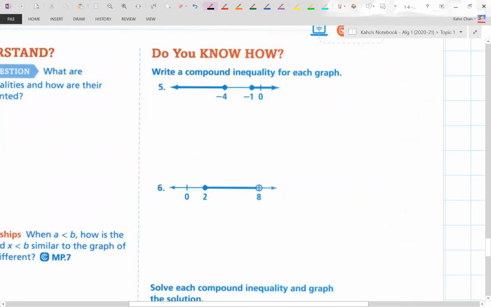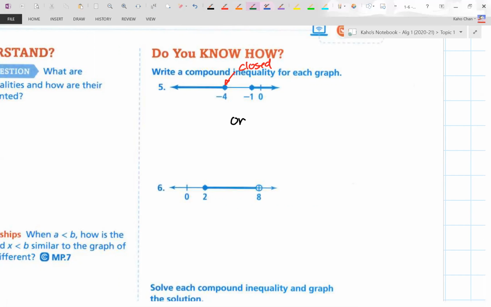So just by inspection on number 5, I see 2 rays, which tells me that this is an OR situation, right? The first one is -4 closed, and it's less than. So let's write that down. X is less than or equal to -4.